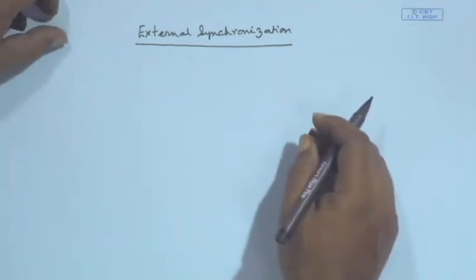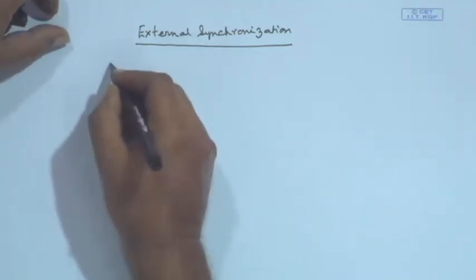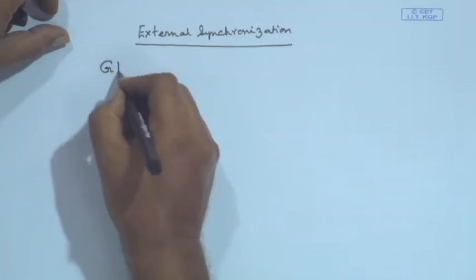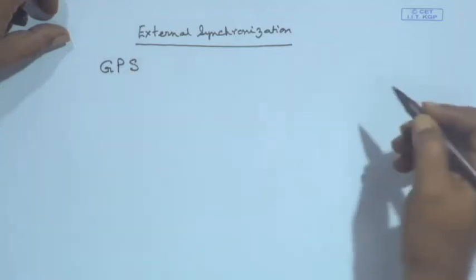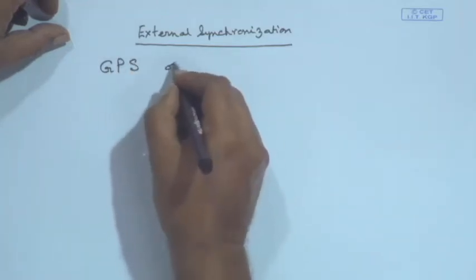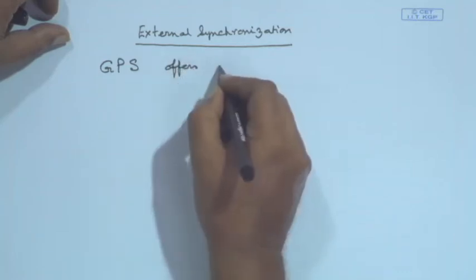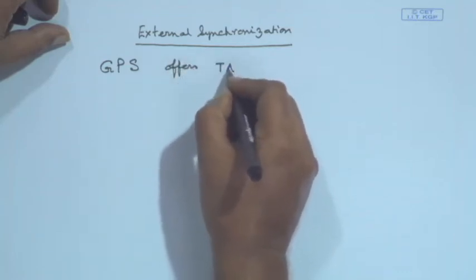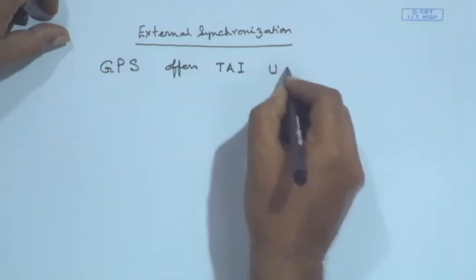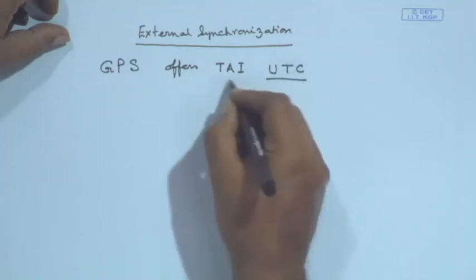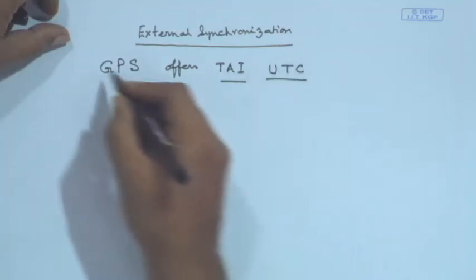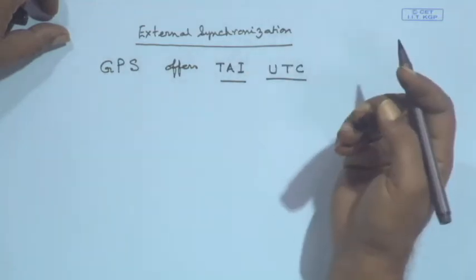In external synchronization, what we do is we usually use a GPS. Nowadays, the trend is to use a GPS. The GPS actually offers both TAI and UTC, both timing informations are provided, and we take the GPS and synchronize with respect to that.